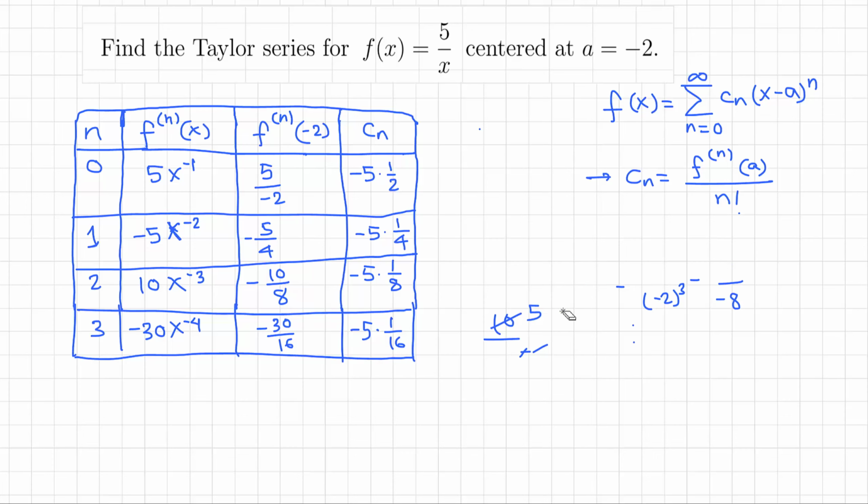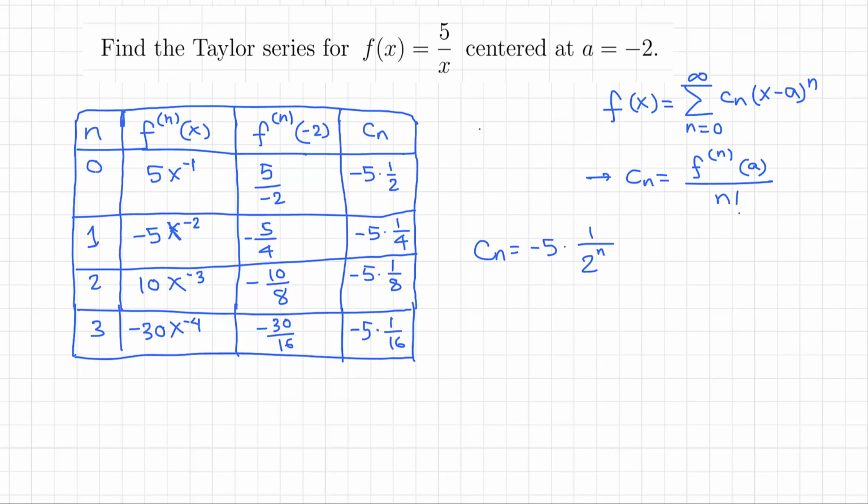So now we have the pattern. We know how to write down Cn for all n. We tried 4 of them. From this pattern, we can see that Cn will be negative 5 for all of them, times 1/2, 1/4, 1/8. So 2 squared, 2 cubed, 2 to the 4th: 1 over 2 raised to some power.